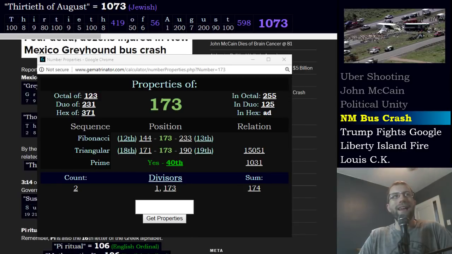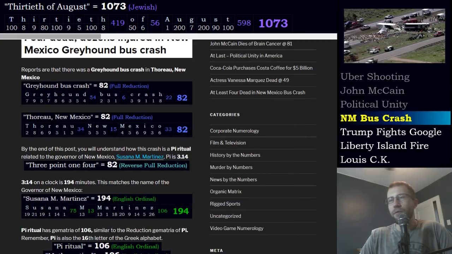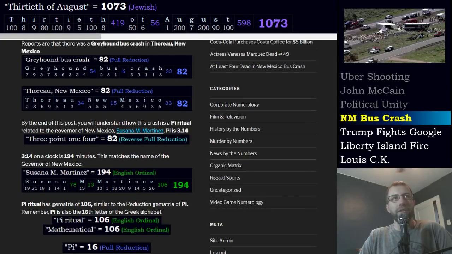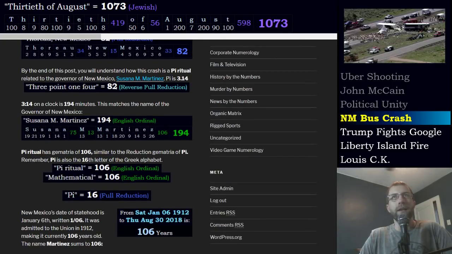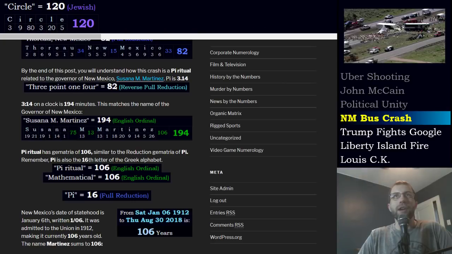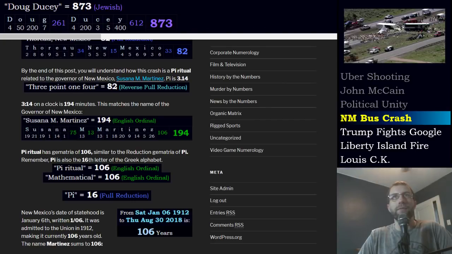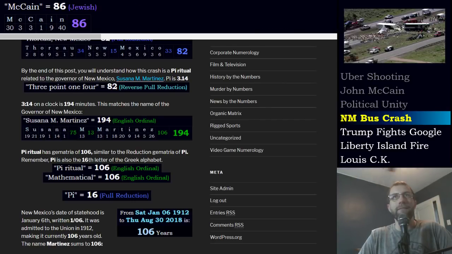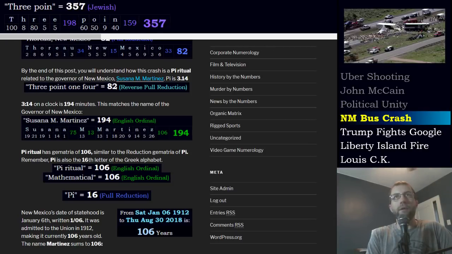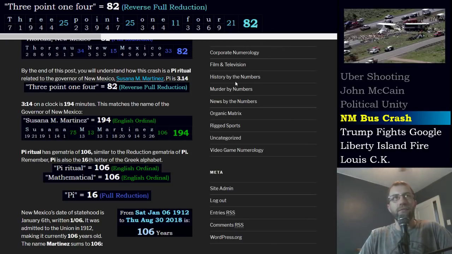So here we have a Greyhound bus crash. This sums to 82 in the reduction method. And it happened in Thoreau, New Mexico, which equals 82 in the same method. As we mentioned, John McCain died shortly before his 82nd birthday. 3.14 equals 82, reverse reduction.